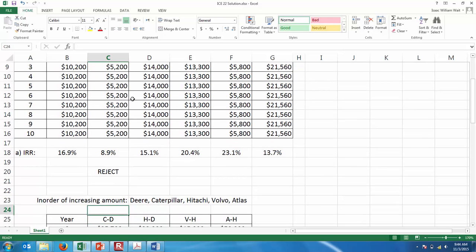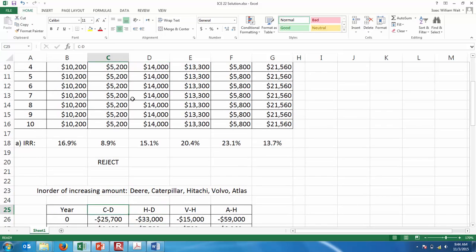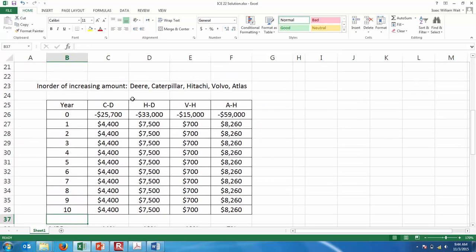So in order of increasing amount, we go Deere, Caterpillar, Hitachi, Volvo, then Atlas. I've abbreviated them by the name of the company here. So my first comparison is going to be Caterpillar versus Deere. And so the extra amount is $25,700. That's how much more we have to pay to get the Caterpillar than compared to the Deere.